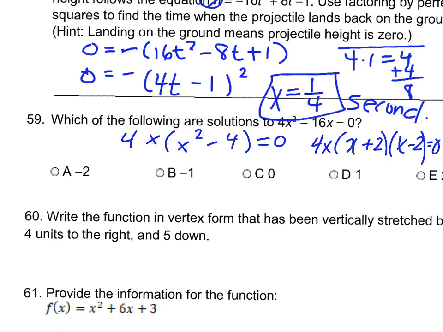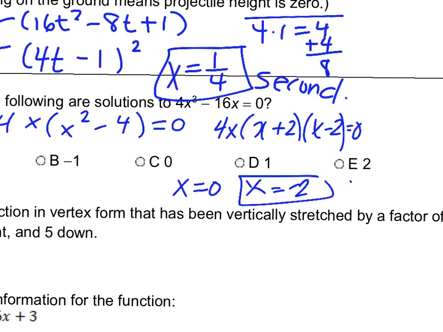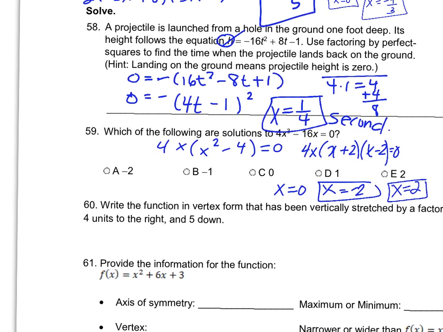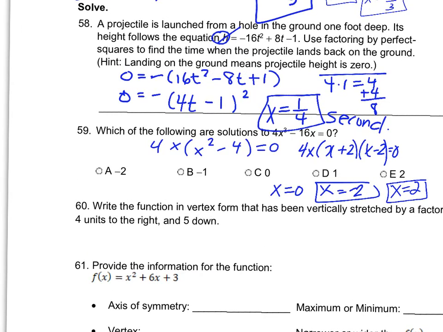So my answers to this problem are x equals 0 for our first one. For my second one, it's going to be negative 2. So x equals negative 2. And our last one, which is x equals positive 2. So there are all my answers, and I'm going to check which ones are solutions.